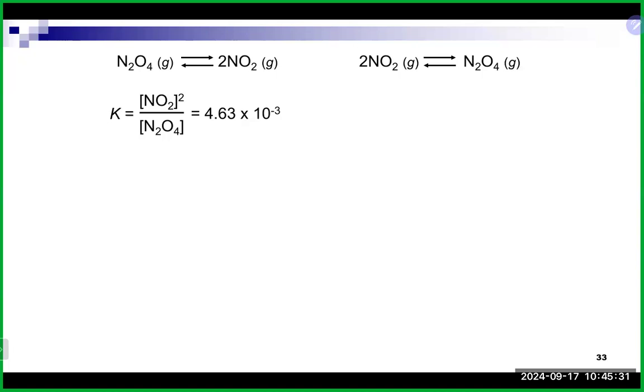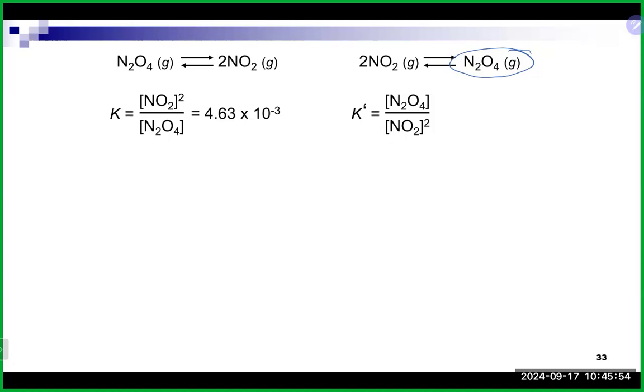If we do the reverse of the equation, so this is with N2O4 as a reactant, and obviously this is our N2O4 as a product, basically the reverse of it. What that does to the equilibrium constant is it's actually 1 over the equilibrium constant. So also different than Hess's law, you don't just change the sign or anything like that. It's actually 1 over it.